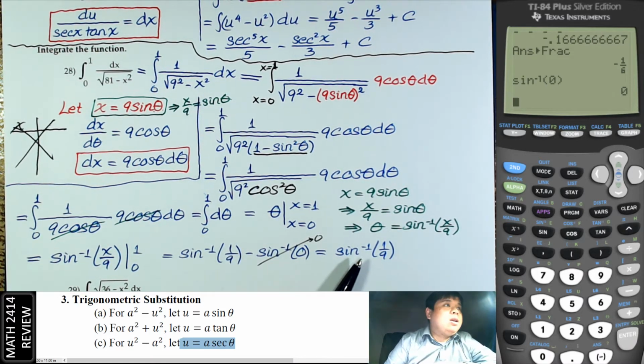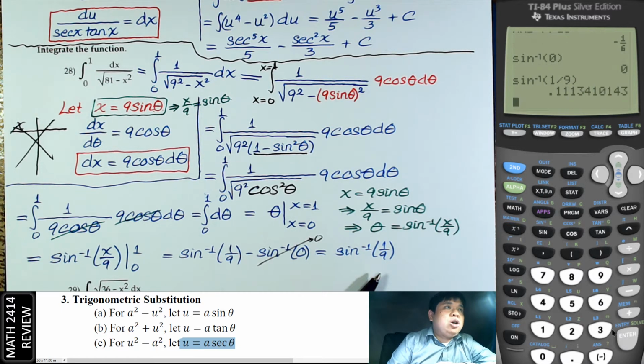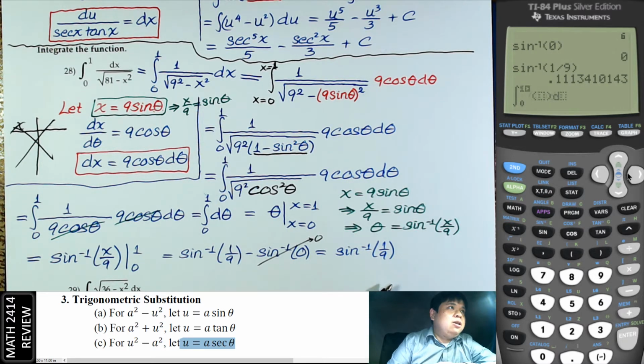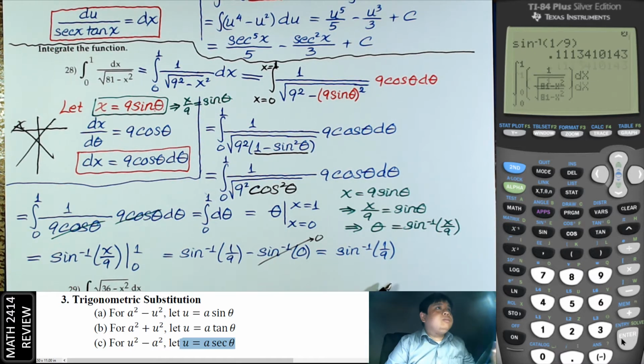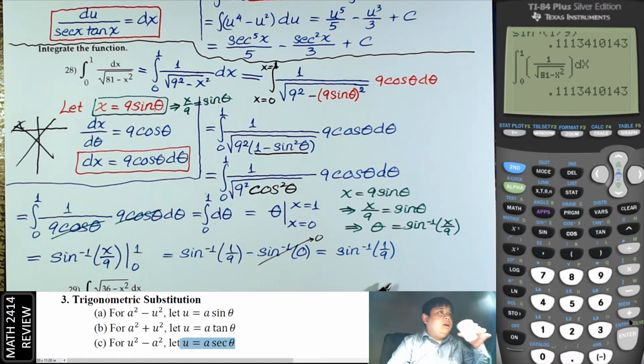Sine inverse of 1 over 9 is that much. How about the integral? We should get the same thing.